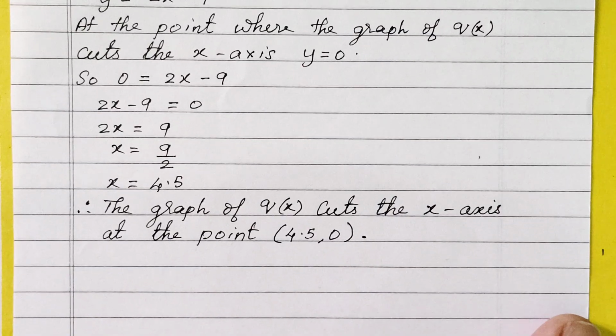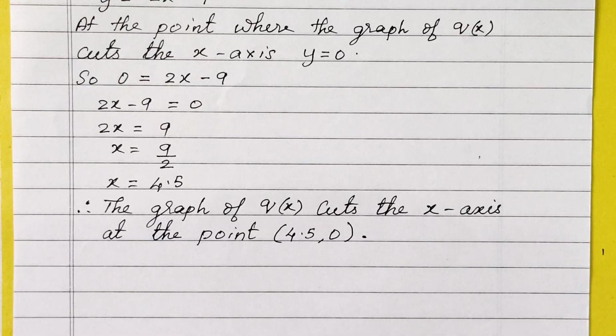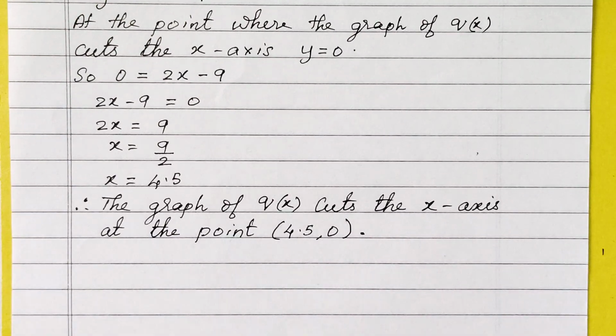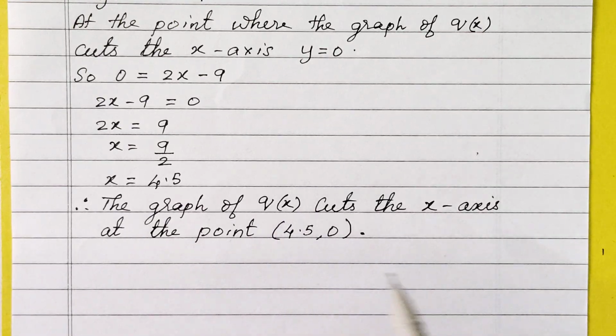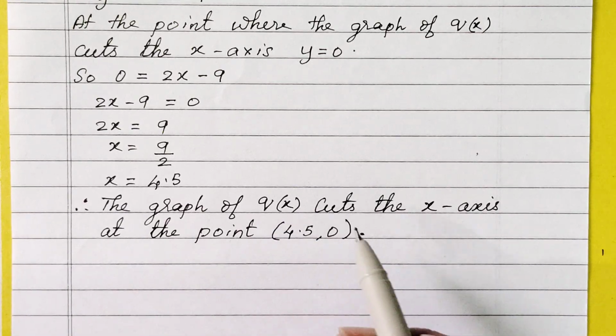So now we have found the coordinates of the point where the graph of Qx cuts the x-axis. So this sum is a bit long, so follow it carefully step by step.